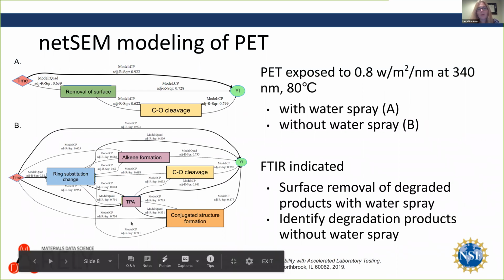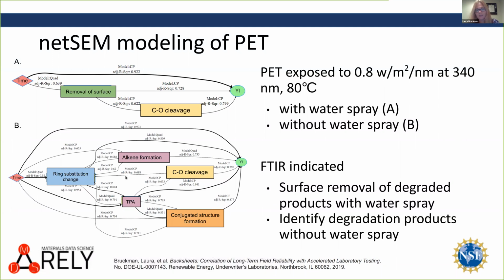But when we did this without water spray, we got lots of peaks associated with the different degradation products. And what we decided was this indicated that on the sample with water spray, we were actually washing away the degraded surface of our PET and getting new nice PET forming.